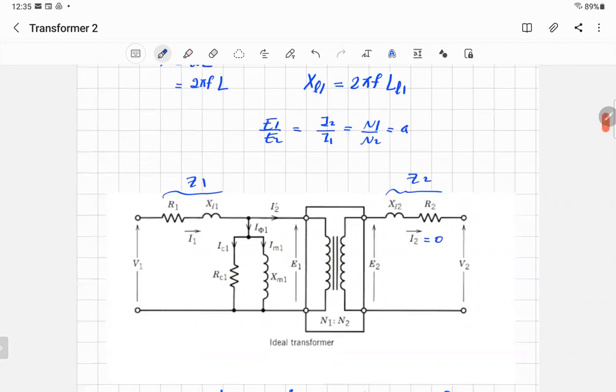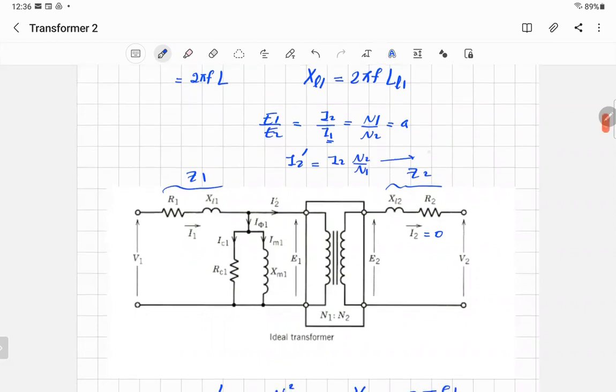So if you want to find the equivalent of I2, it's not going to be I1, it will be I2 dash. How do we find I2 dash? I2 dash would be equal to I2 times N2 over N1, which is 1 over A. So actually, I2 dash is equal to I2 divided by A. If I2 equals 0, then I2 dash equals 0.